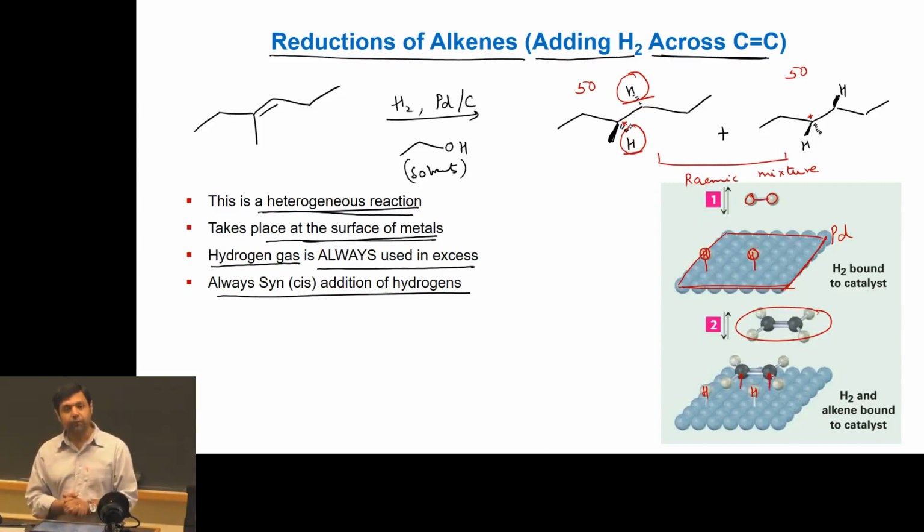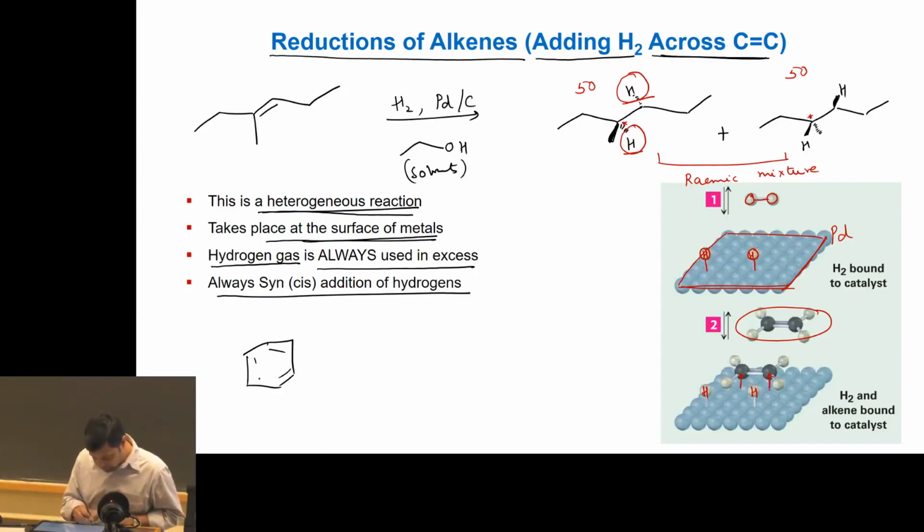All right. Let's take another example. Now, anytime you see the 6-membered ring with 3 alternate pi bonds, that is not going to react with H2/Pd-C.